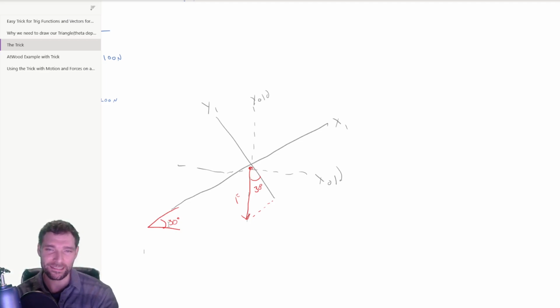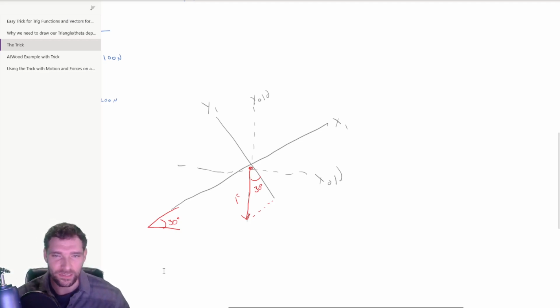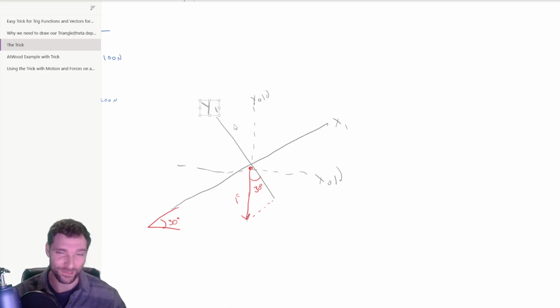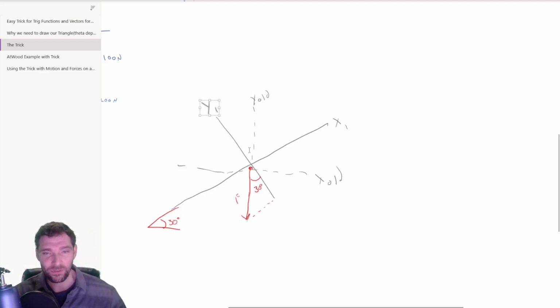But in any case, the x's and y's rotate together. So the difference between the old x and the new x is going to be that 30 degrees. And the difference between the old y and this new y, relative to our slope, is also rotated 30 degrees. So you can see that the rotation is pretty easy.